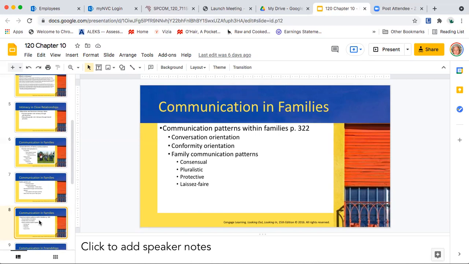And conformity orientation refers to how strongly a family enforces the uniformity of attitudes, values, and beliefs. So you have high conformity families, which manage communication in order to seek harmony and avoid conflict, foster interdependence, and gain obedience.